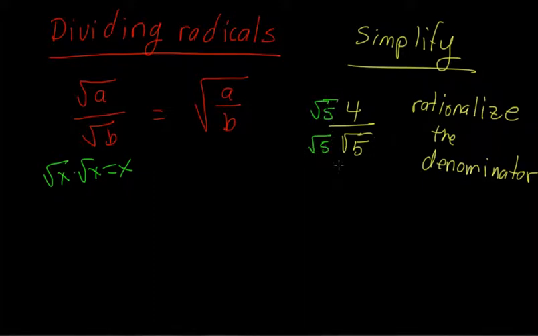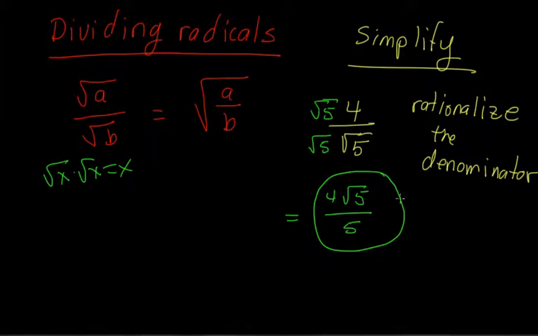The denominator now becomes the square root of 5 times the square root of 5, which is 5. Upstairs there is 4 root 5, and so now the denominator is a rational number. It's no longer irrational, and we are done. There you go: rational denominator, rationalized.